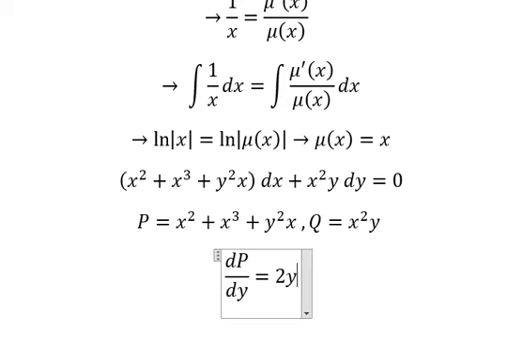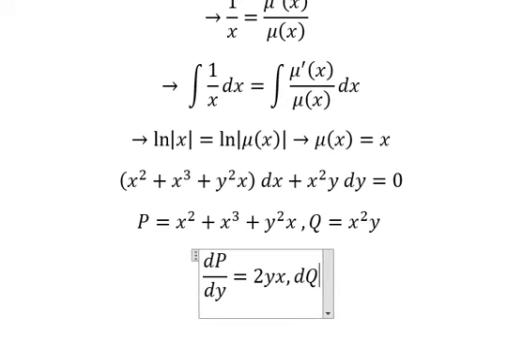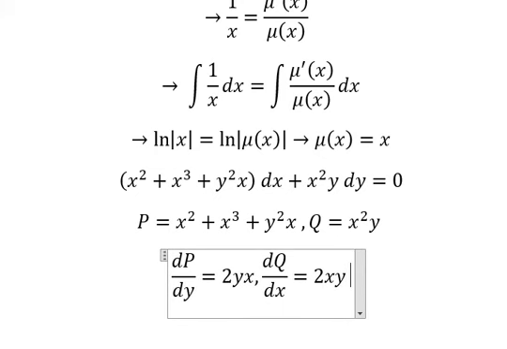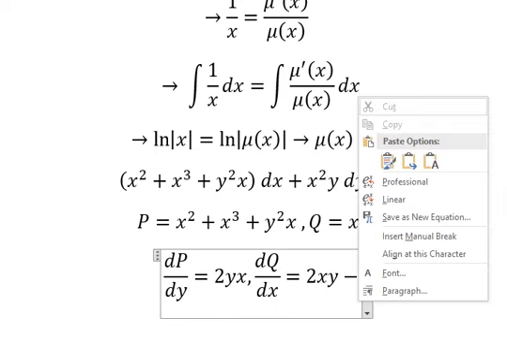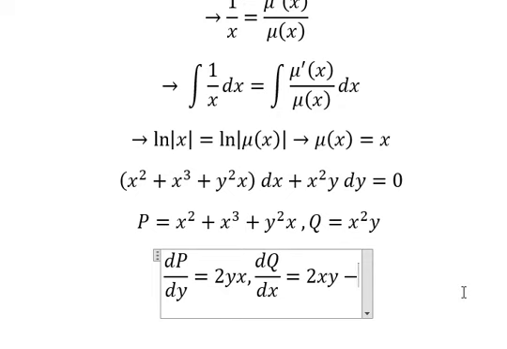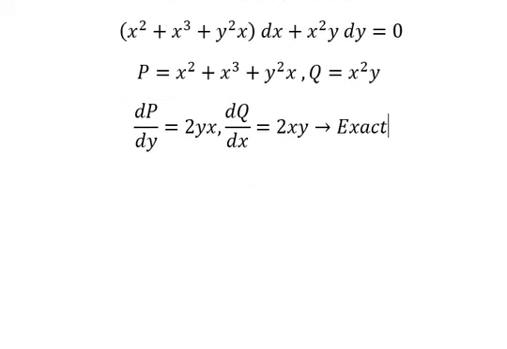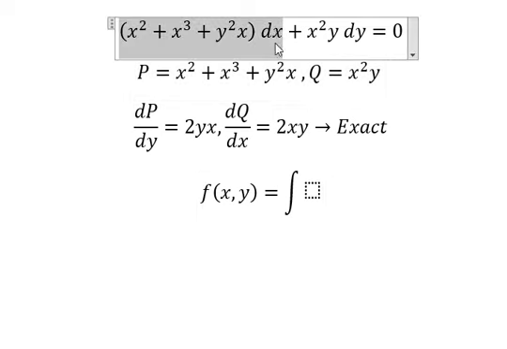So we have 2ys, and the second one is 2xy. So they are exact right now. Next, we need to set up the function f of x, y. So I will choose this one.